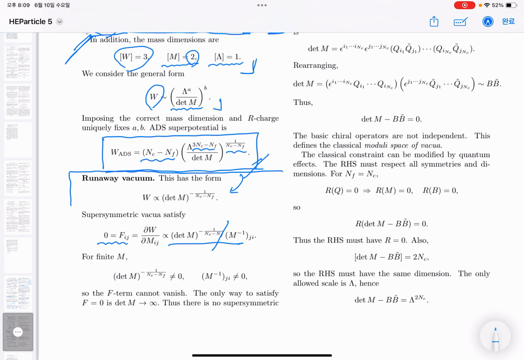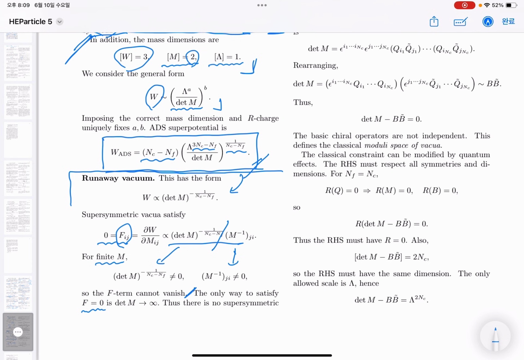But for the right-hand side, with a finite meson operator, the determinant cannot be zero, and also the inverse of the meson cannot be zero. So the F-term cannot balance in every situation. So to satisfy the F-term balance, the determinant of the meson operator should be infinity.